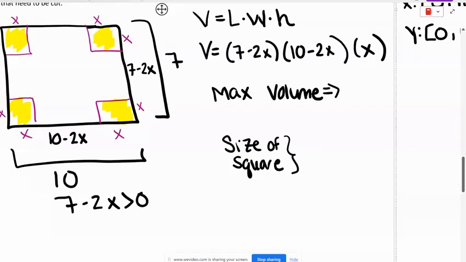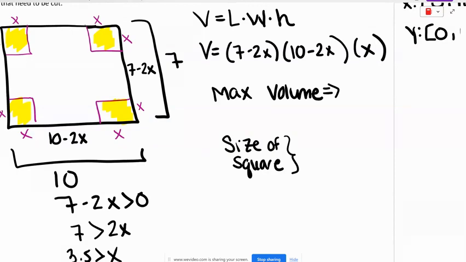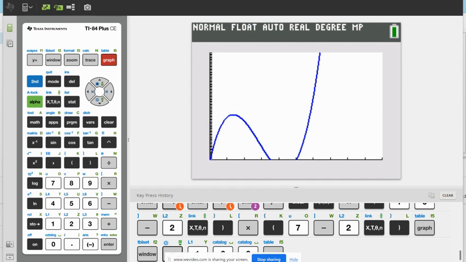So 2x will be less than 7, so x has to be less than 3.5. This tells me anything beyond this won't make the rectangle work. Or you could just look at it, this is a clear maximum, so let's just focus on that.